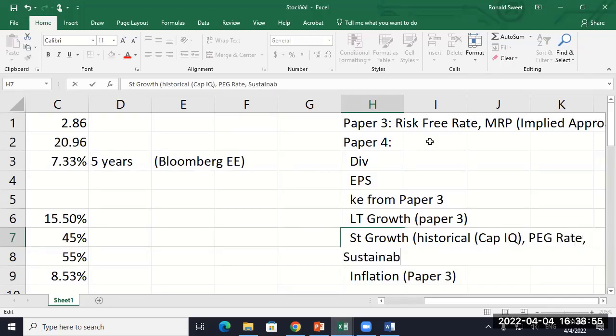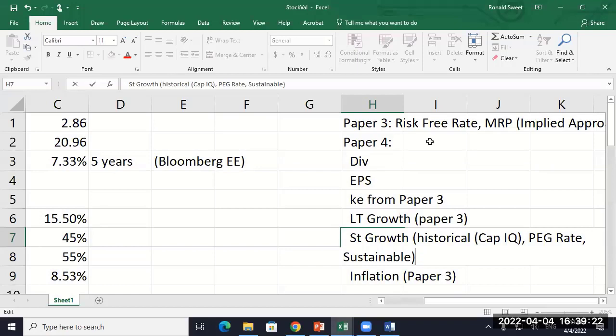Use sustainable. So I gave you 3 approaches. Remember, none of those give you the answer. They just give you kind of a ballpark of what might make sense, because there is no answer. The answer is, what is this firm going to do in the future? Which is your opinion versus anybody else's. But I've given you at least some basis. You can look at historical growth, the PEG ratio, the sustainable growth. We did those last class, so you saw how those work.